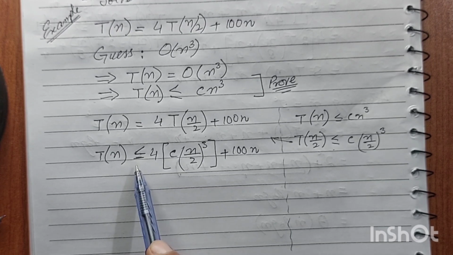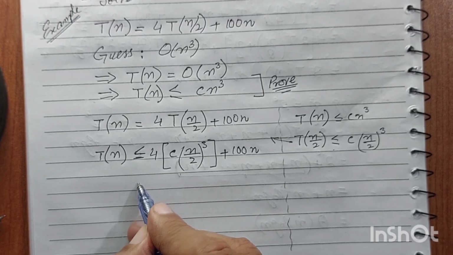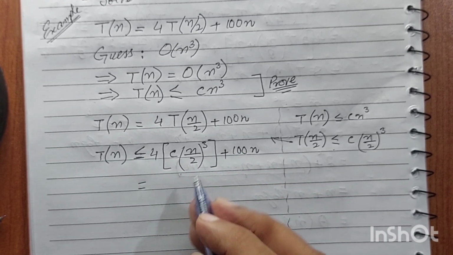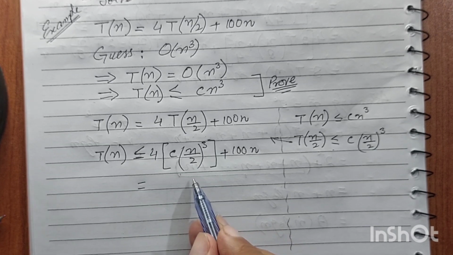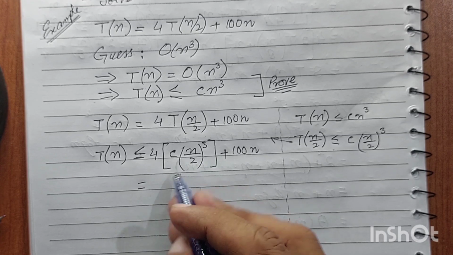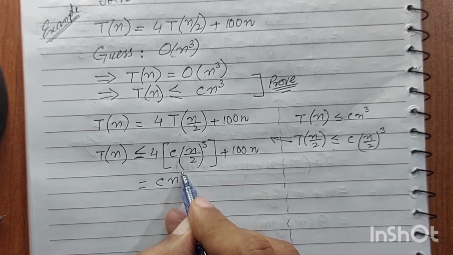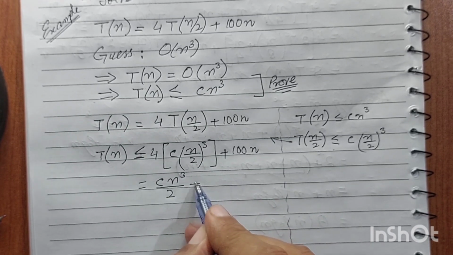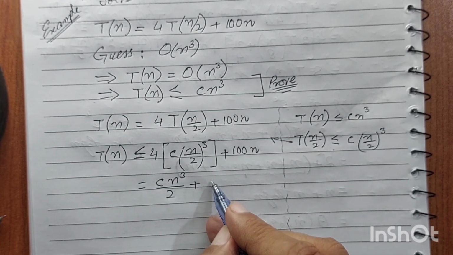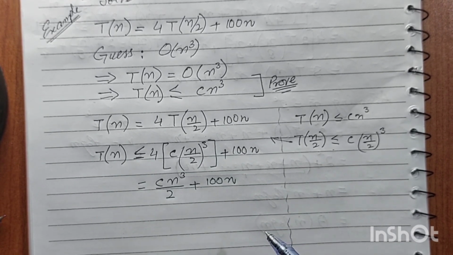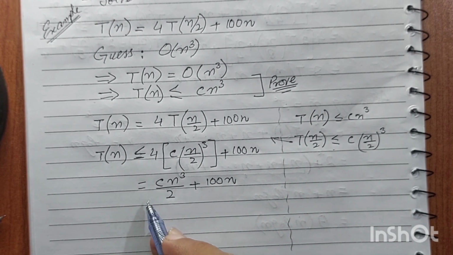So this is going to be less than or equal to the next part. Here the 4 cancels with the 4, and the only remaining part would be 2. So c of n cube divided by 2 plus 100n. This is what we have achieved.